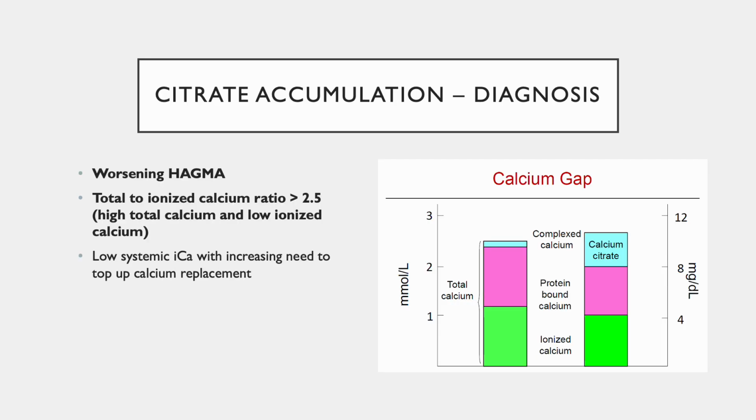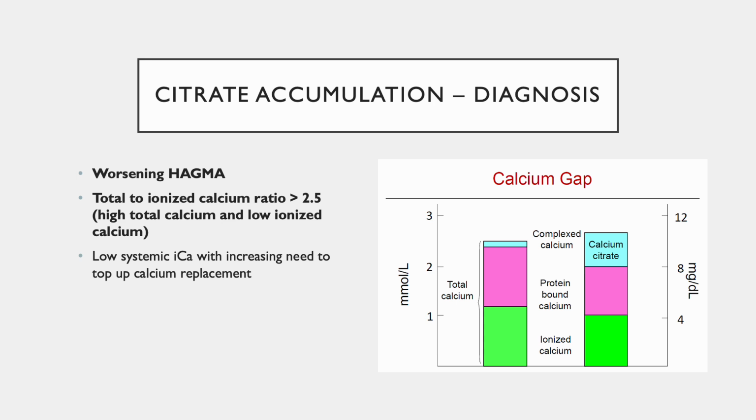So how do we diagnose citrate accumulation? We see a worsening high anion gap metabolic acidosis. There is an increase in the total to ionized calcium ratio. This is explained in this diagram here because, as you can see, the total calcium level doesn't go down because you still have calcium citrate complexes.